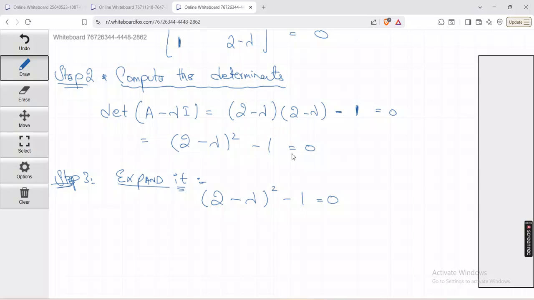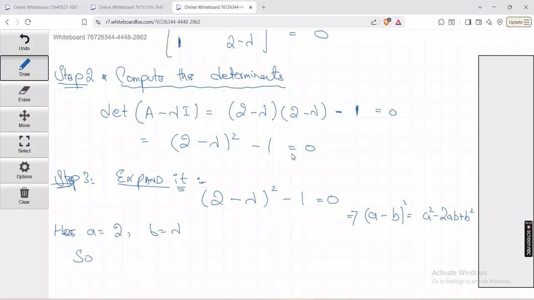Now if you remember from your high school, you have seen this type of formula, which is a square minus 2ab plus b square. So we can write it in this form. So here we can say that a is 2 and b is lambda.